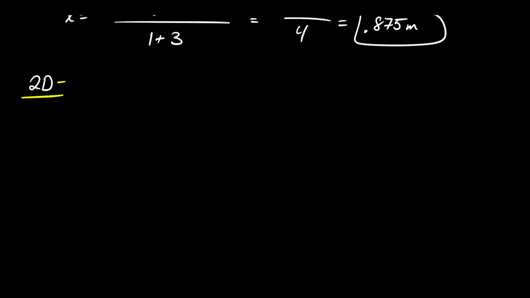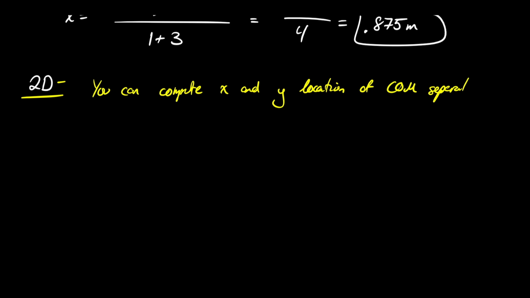Now, the only modification to the process for 2D is it turns out you can compute the x and y center of masses separately. Now let's get a motivating example here.